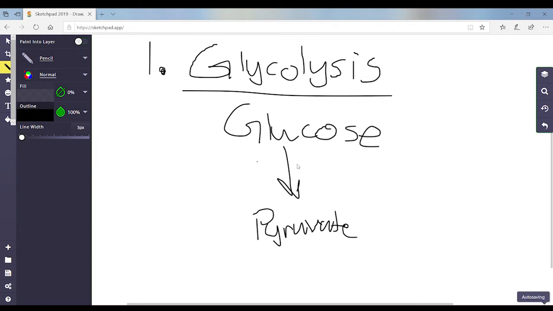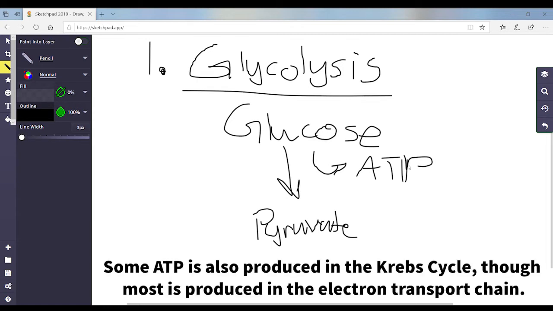Also, I should acknowledge that some ATP is produced, but not a lot. Most of the ATP produced from cellular respiration will be talked about later. This is just a small amount of ATP that you get as a bonus from glycolysis.